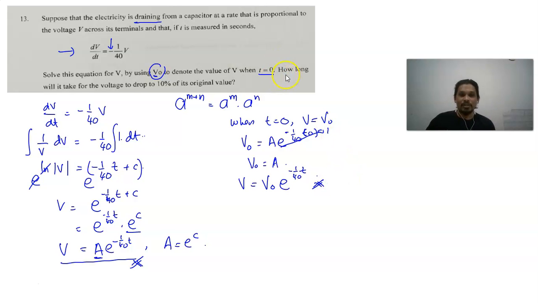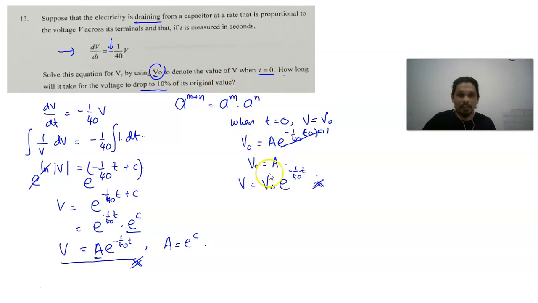And then the next question here: how long will it take for the voltage to drop to 10% of its original value? Meaning, this is the initial, the earliest voltage at the beginning of the experiment, V at t equals 0, V0 here. And this is the current, the latest after the experiment from time to time.